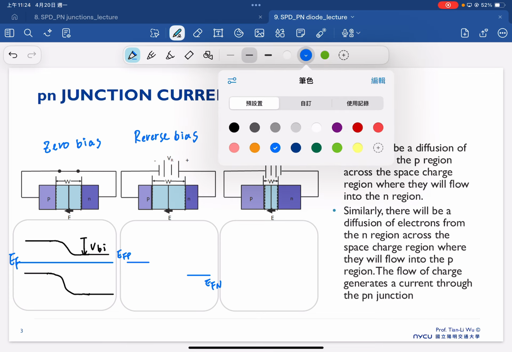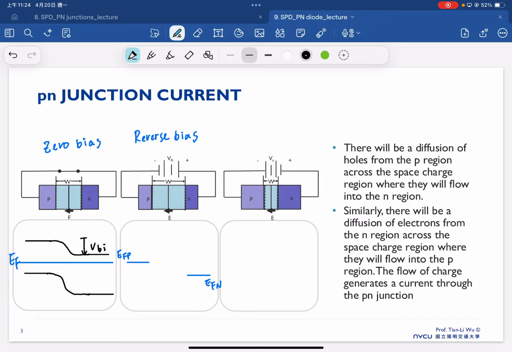And under the reverse bias, we still have the conduction band, but now, because of the reverse bias, the barrier increases.